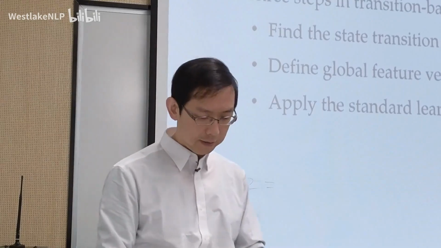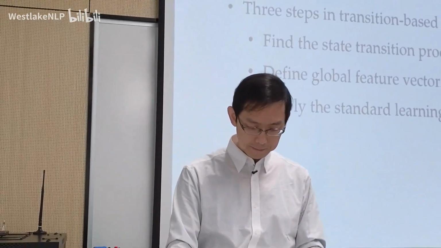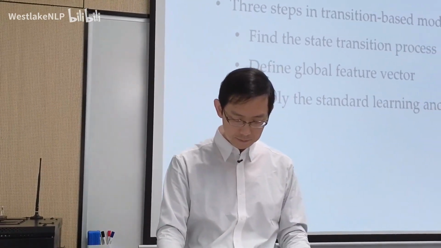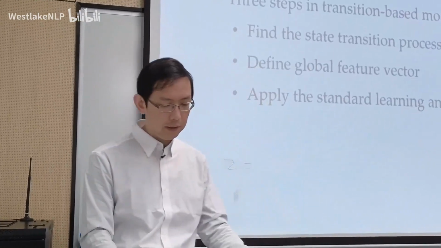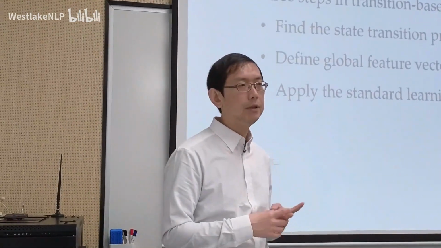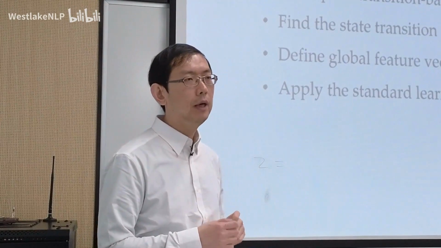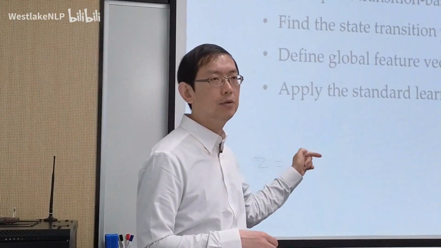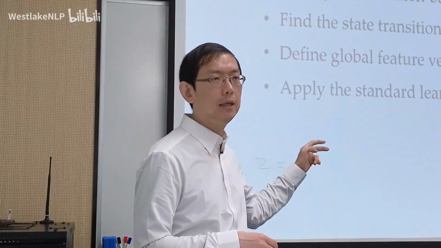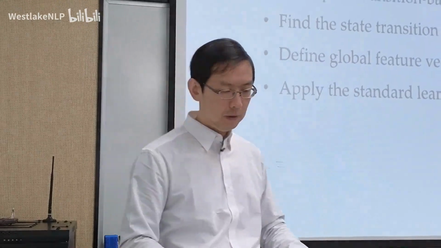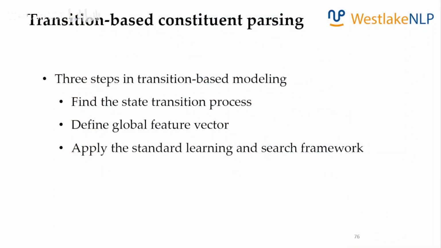First, let's look at constituent parsing. Okay? As I mentioned to you earlier, the two steps in building a transition-based model is first to define the state transition process, and second, to define the features. Okay, first, how do we translate a constituent tree building process into a state transition decision process?